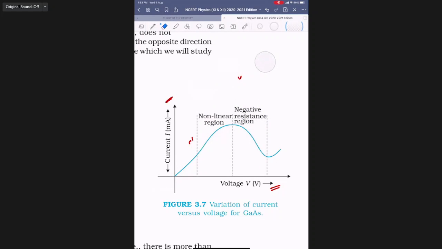What is meant by negative resistance region is nothing but no negative resistance. Here V is increased, I is also increasing, not directly proportionally. Thereafter, at a certain value, as the potential is increased, the current is not increasing, it is decreasing. Got it?